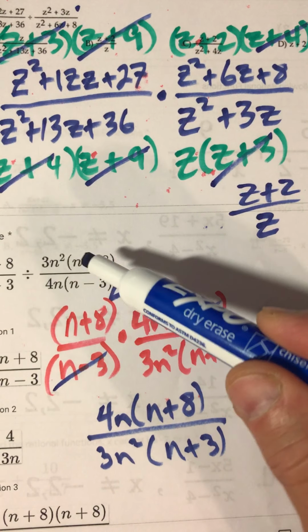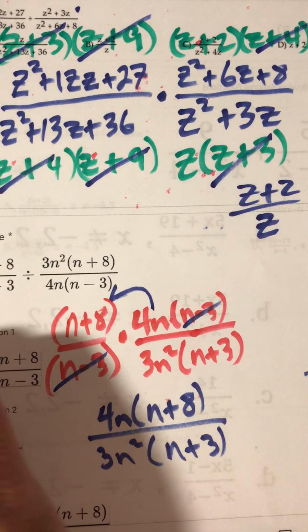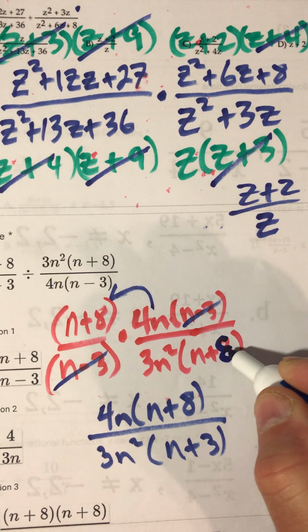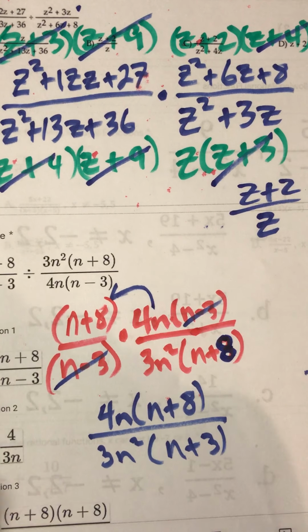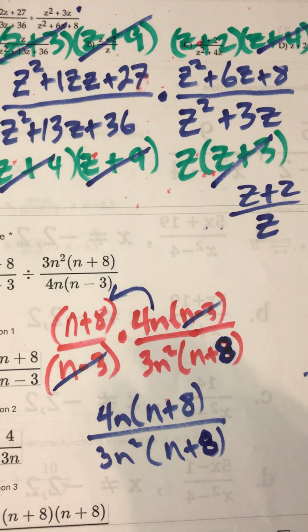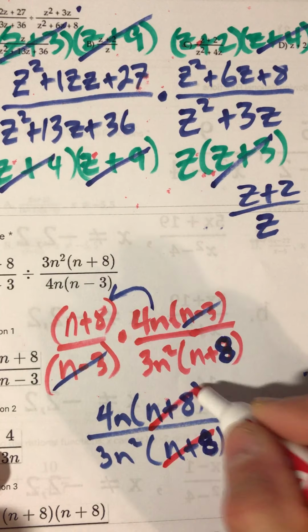When I flipped this, I put 3n squared and then I did not write down the 8. Look at that. I used to make that mistake so many times. I was going too fast. So now cancel.